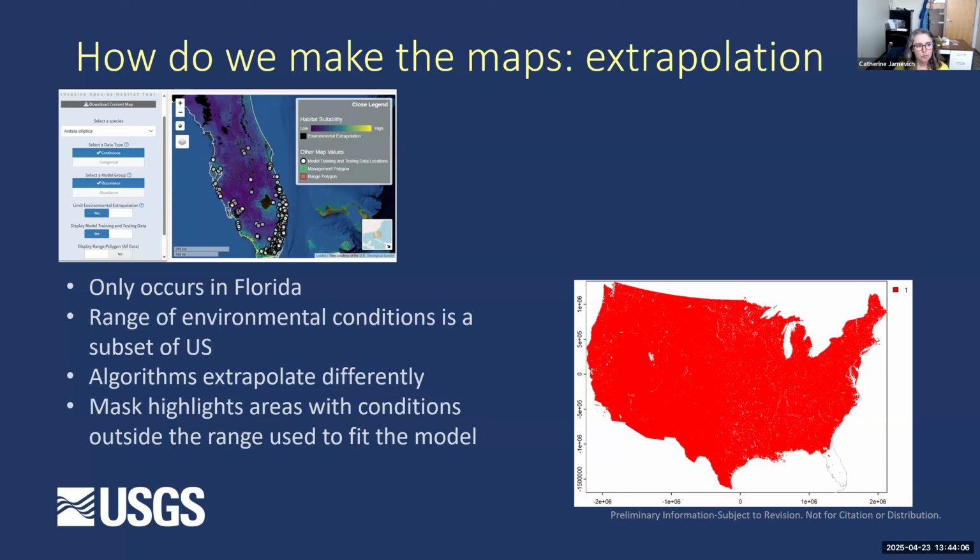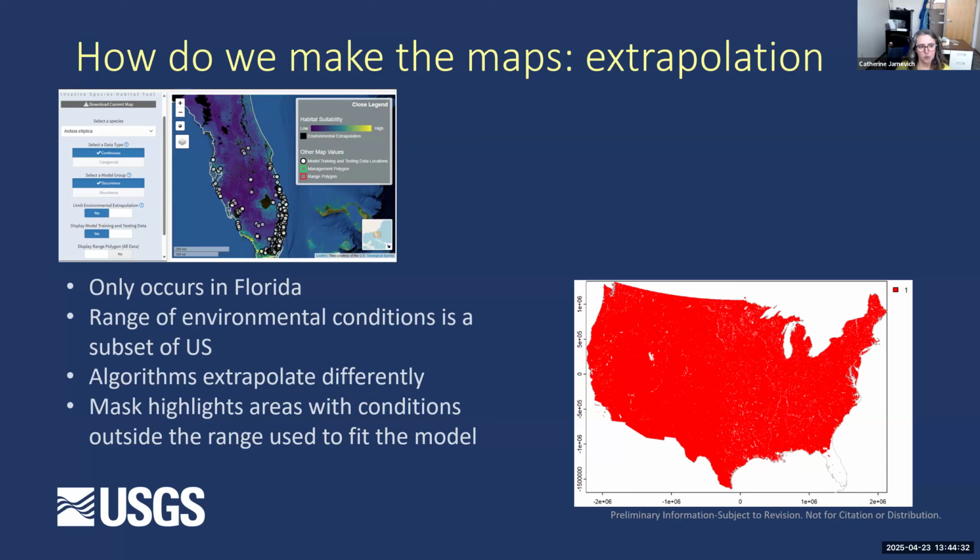The way that different algorithms work is they extrapolate to those other values. If you think about minimum temperature, the range of values in the state of Florida is going to be a lot smaller than when we add in the state of North Dakota, where it gets a lot colder.